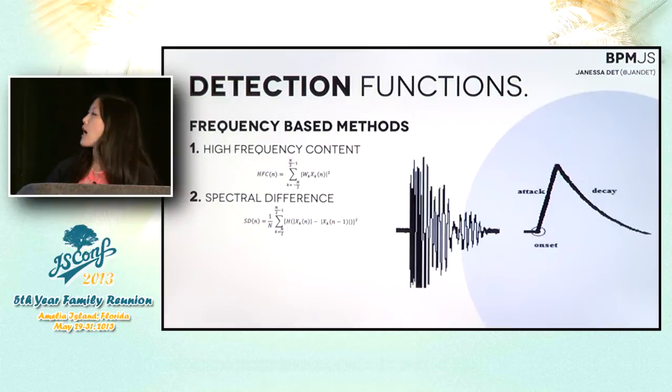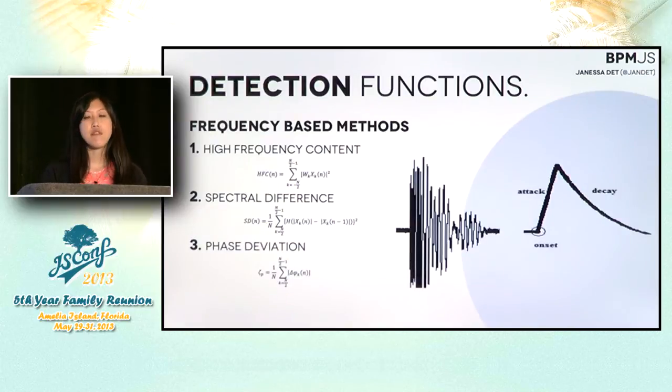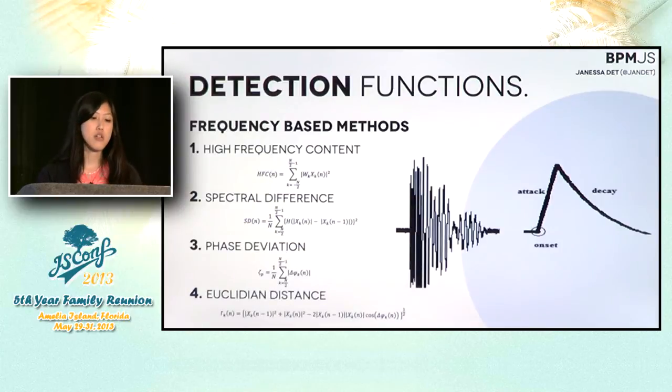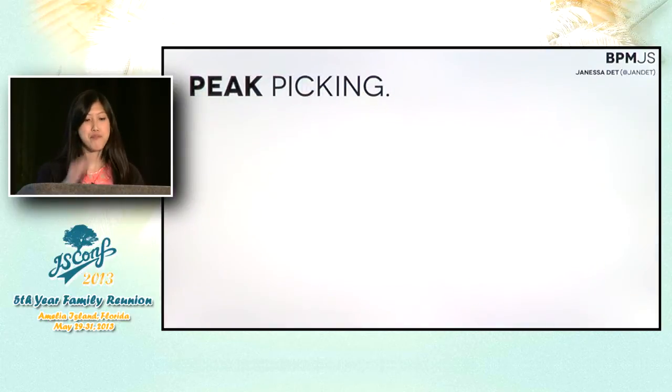These two maximize on energy, which tends to be those percussive beats. Phase deviation is more sensitive to things like pitch, and Euclidean distance tries to smash these two things together into something a little bit more balanced. So we're looking for that onset there, trying to highlight it.